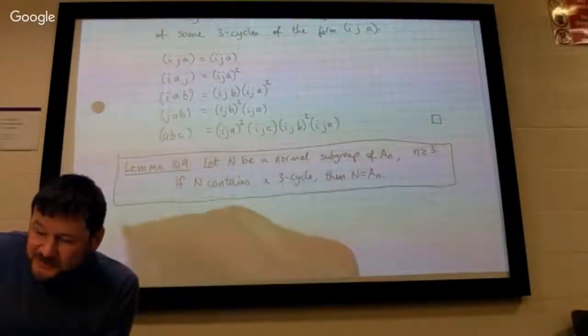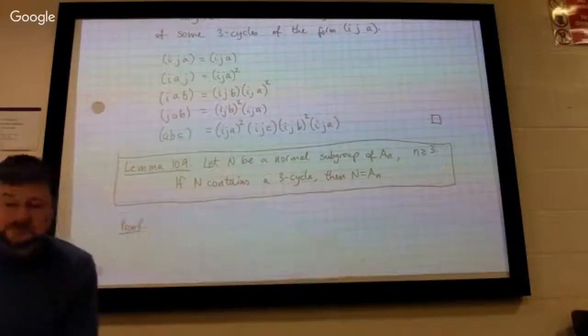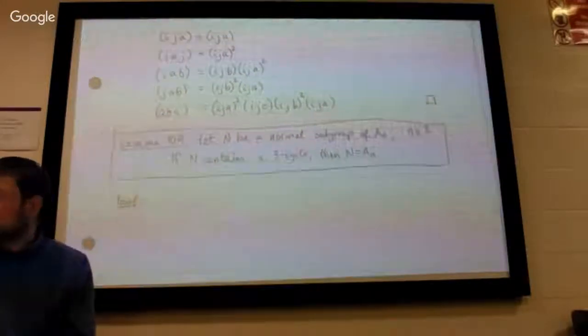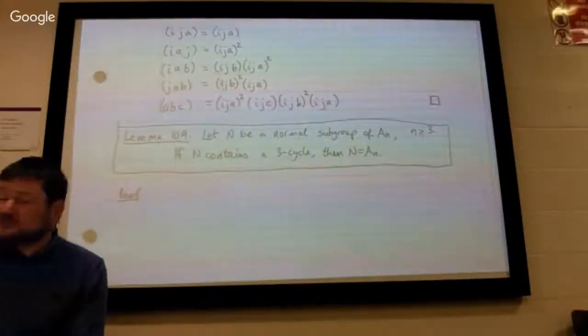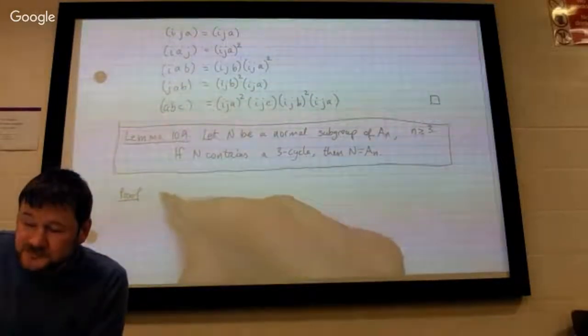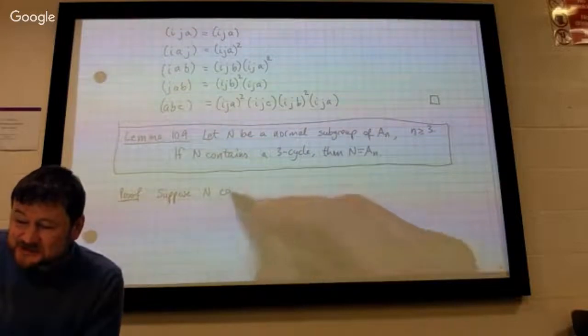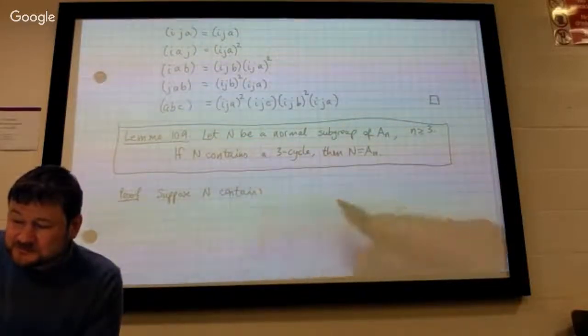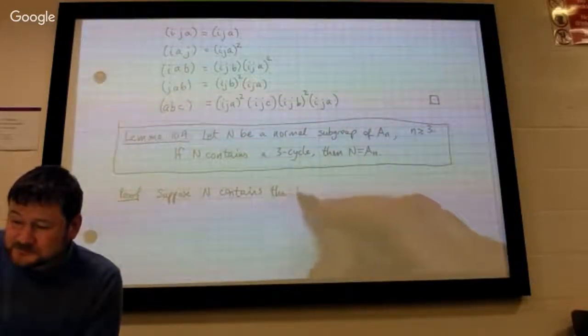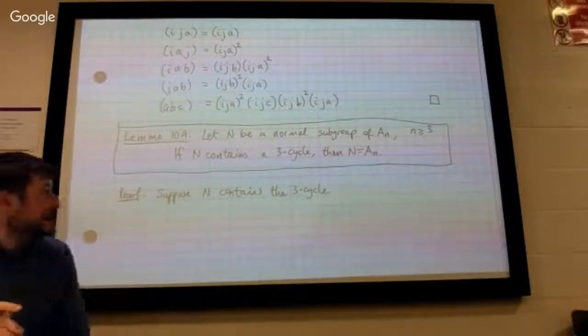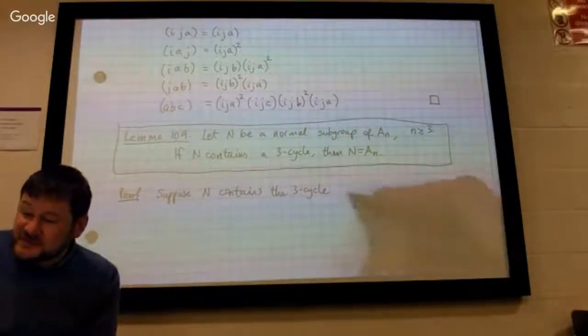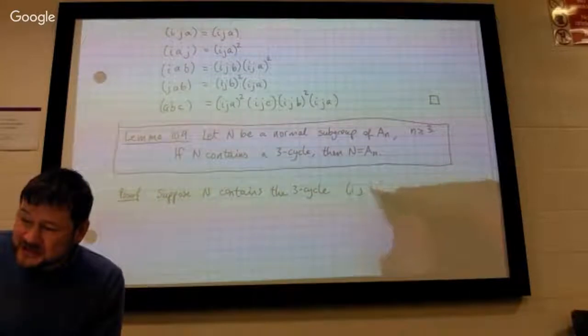Okay, so proof. Suppose that N contains a 3-cycle, and we'll call the elements in the 3-cycle i, j, and a.